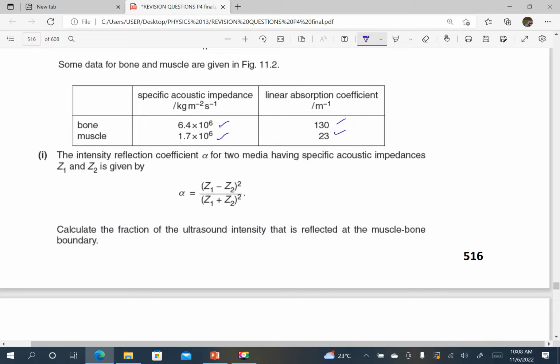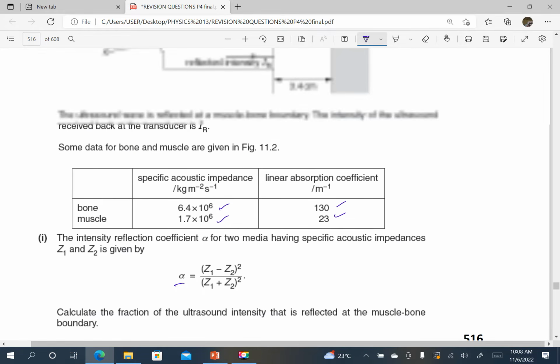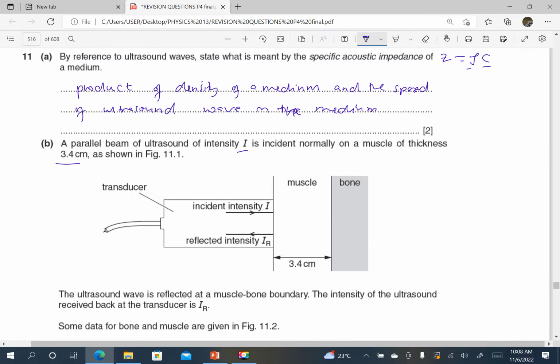Calculate the fraction of the ultrasound intensity that is reflected at the muscle-bone boundary. Let's assume what is just leaving the surface of the muscle is still I, and what arrives at the boundary we can call I1. What leaves the boundary we can call I2, and what arrives back at the surface is called IR. For easy understanding, we can do it like that.